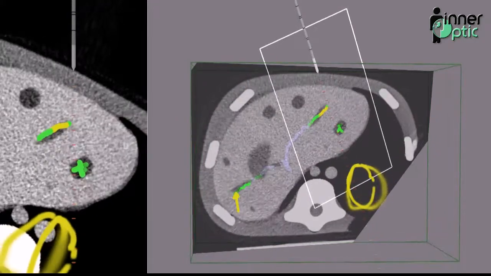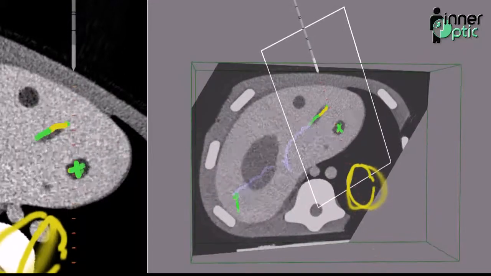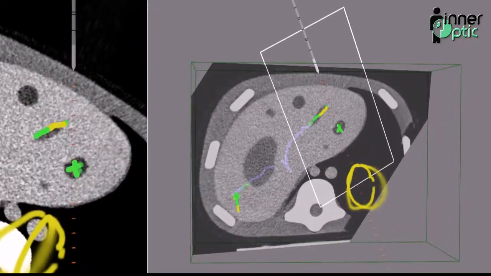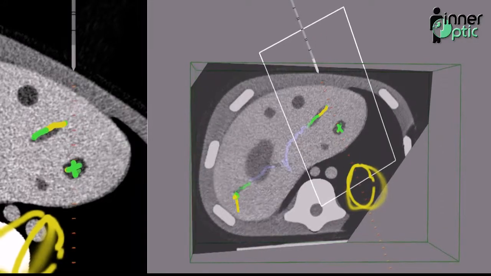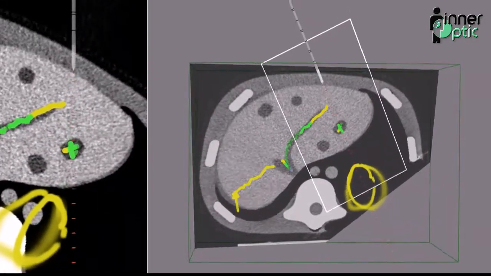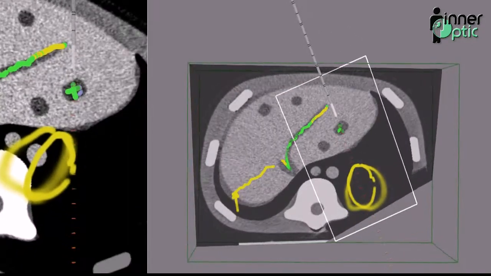So I can do all this planning outside the patient by just holding the tip of the needle on the patient's skin. And then once I'm properly lined up and happy with my trajectory, I can place the needle into it.